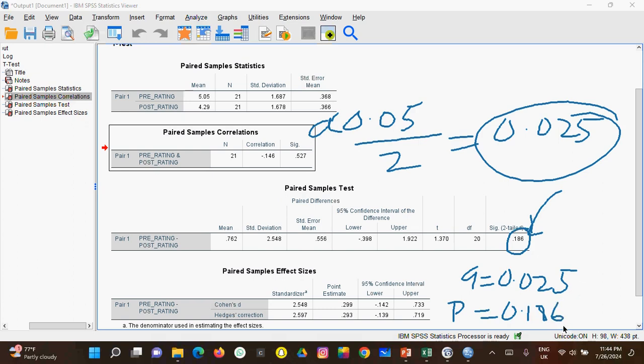What are we seeing in here? We can see that p-value is greater than alpha, right? Therefore, we fail to reject the null hypothesis.